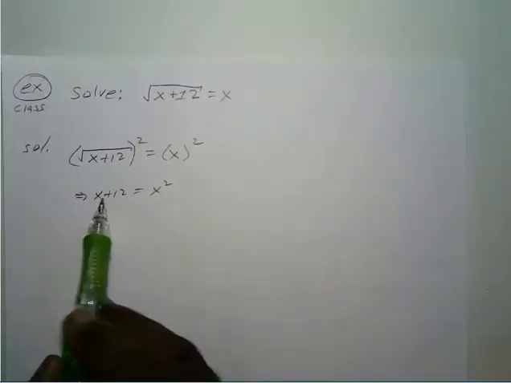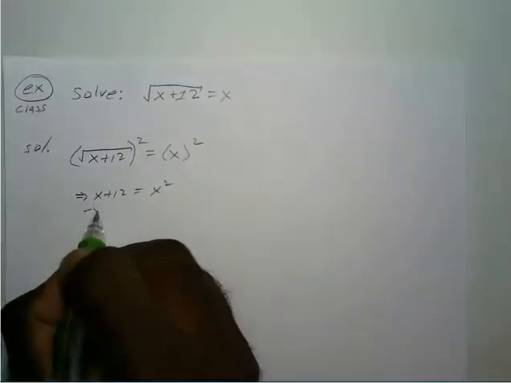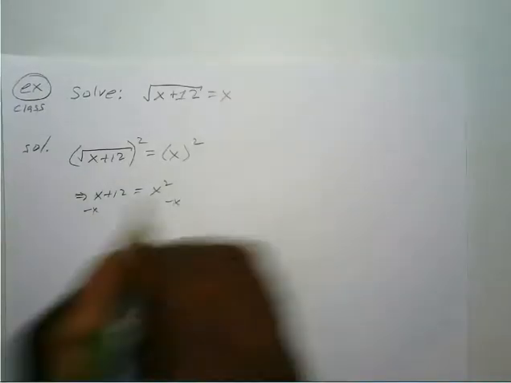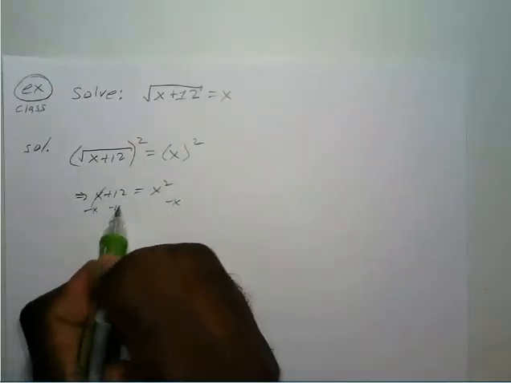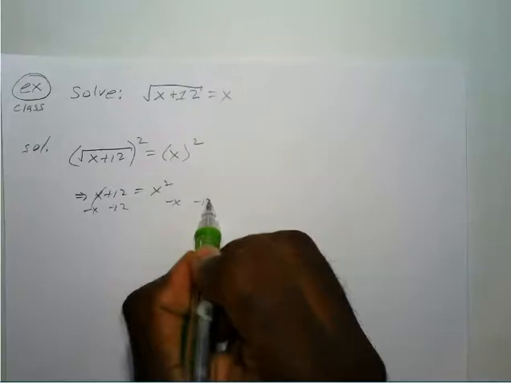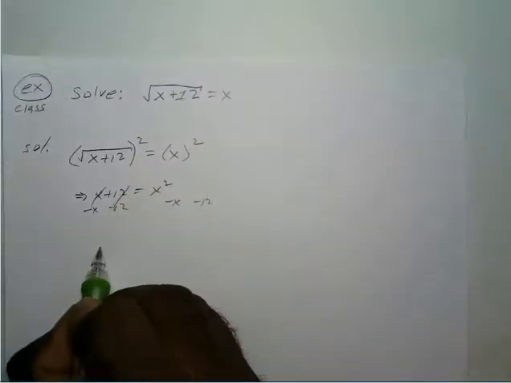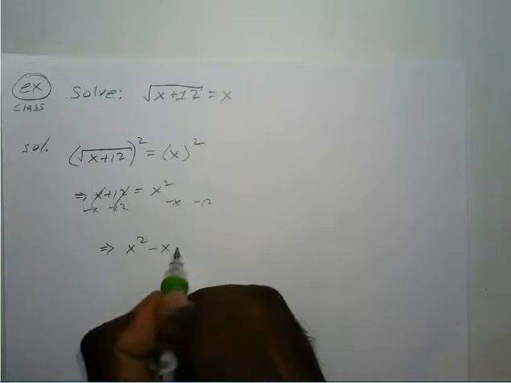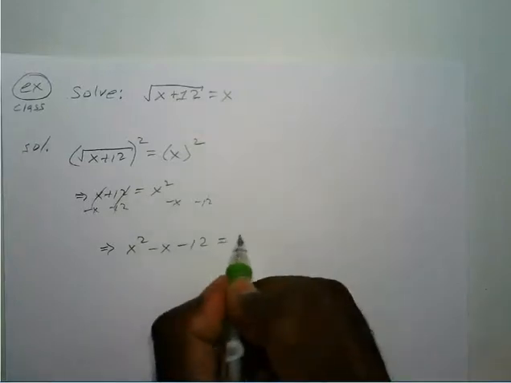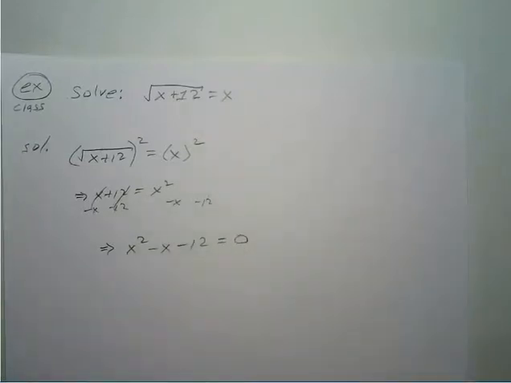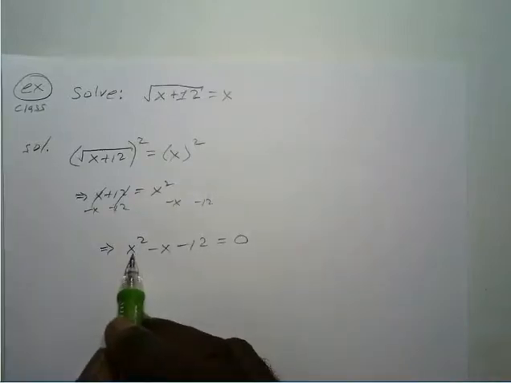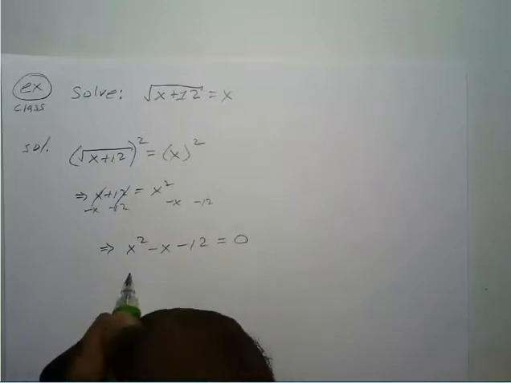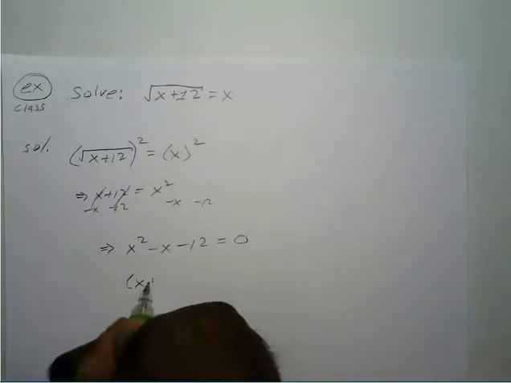Okay, so we're just going to get everything to one side, so we're going to subtract x from both sides, and we're going to subtract 12 from both sides, so we end up with x squared minus x minus 12 equals 0. Okay, so if we go ahead and factor our x squared minus x minus 12, we get x plus 3.